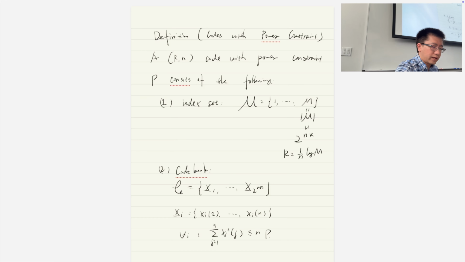And next, we need to define what is the encoding function and what is the decoding function, right? So number 3, encoding function. This is a function f from capital M to the codebook C, and we write x_m equals f(m).